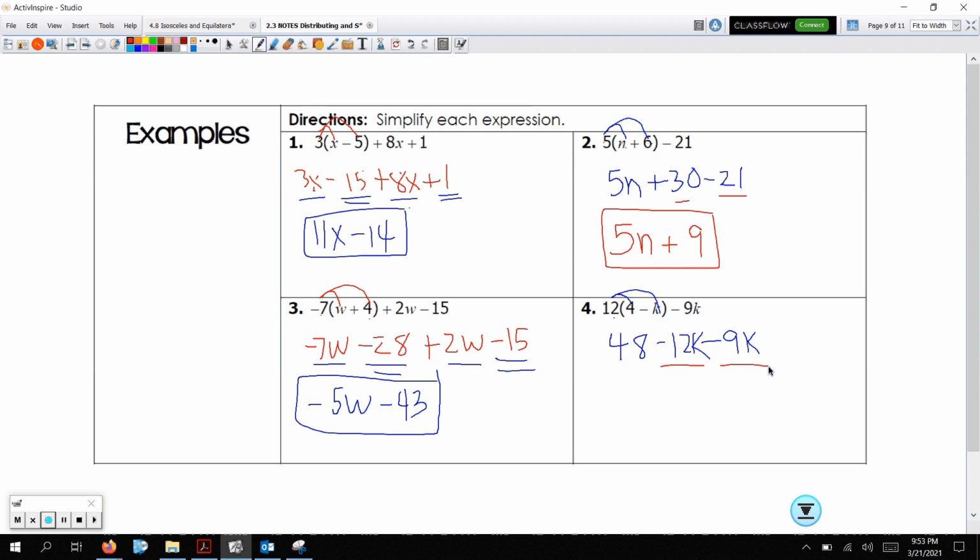Negative 12 minus 9 gives me negative 21k. I don't have any other like terms with that positive 48, so I'm just going to put that in my simplified expression. Okay, so if you see parentheses, you just go ahead and distribute. And then you want to just combine your like terms.